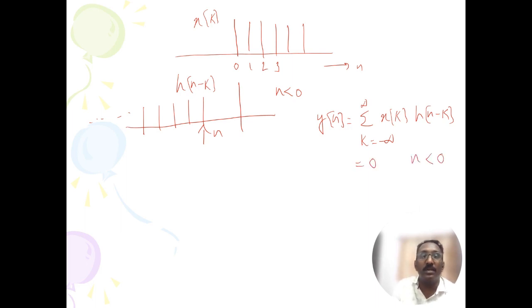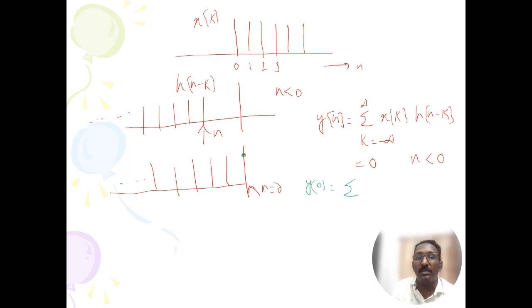The overlap portion starts only at n equal to 0. This is n equal to 0. This value is 1, and the overlap portion is at n equal to 0. So at n equal to 0, y of 0 is equal to summation x of k and h of n minus k.